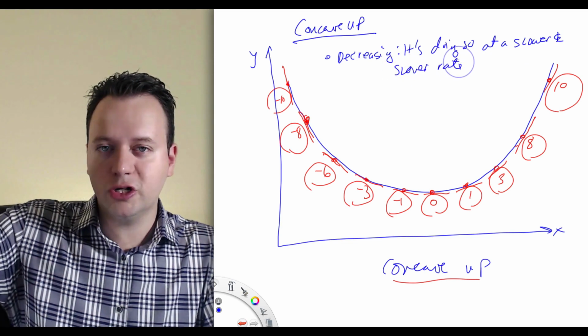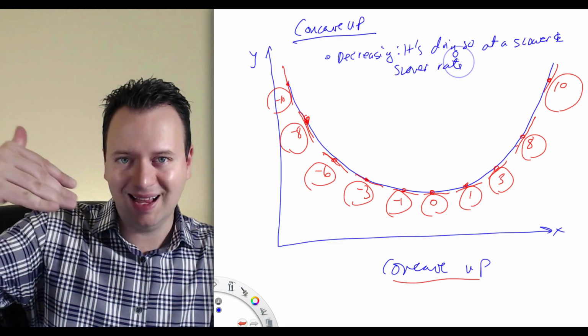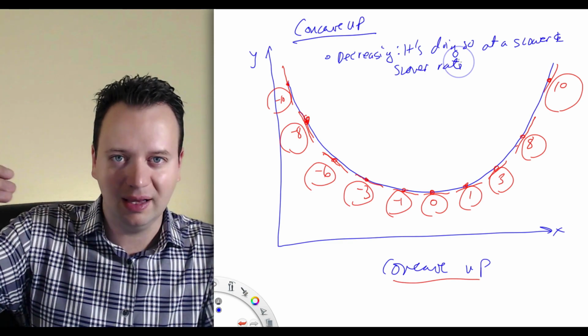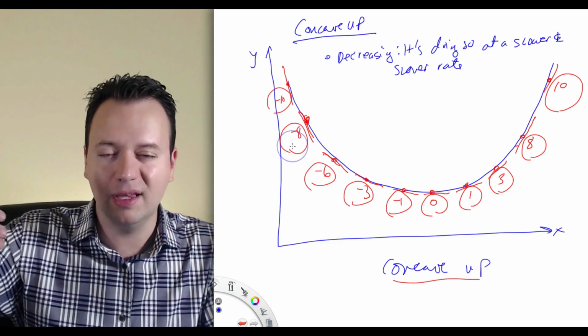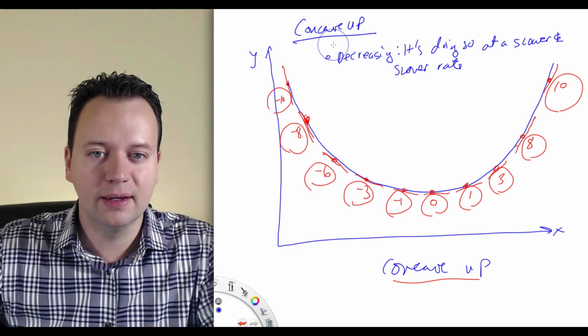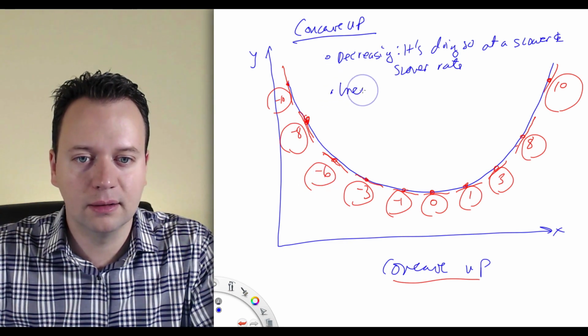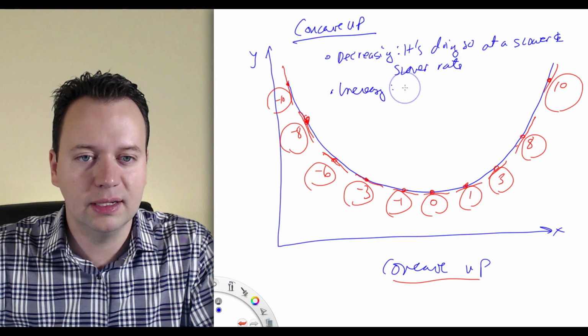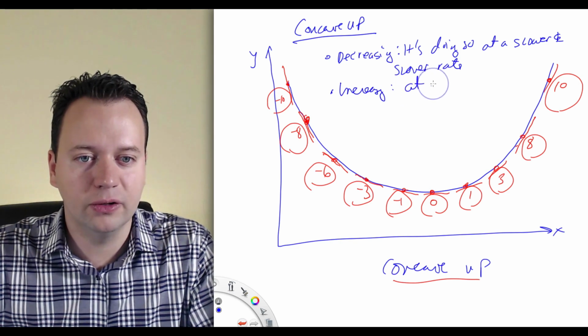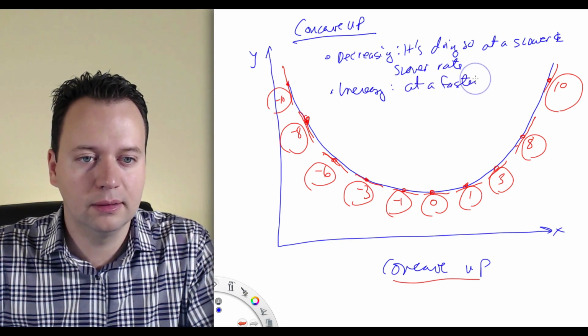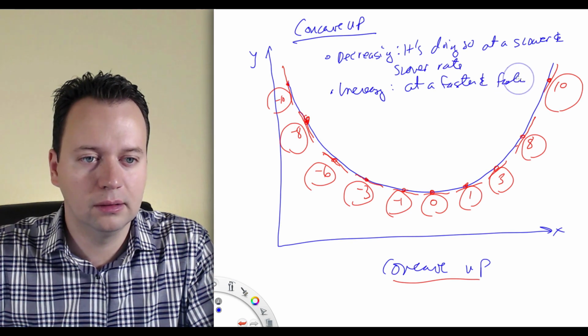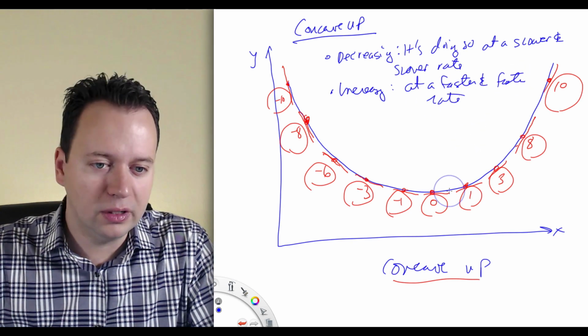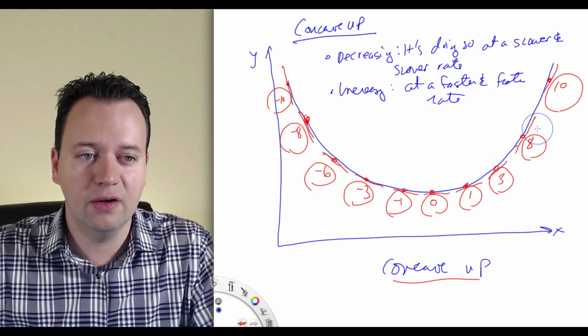Meaning those large negative downward slopes are becoming less negative. They're becoming less large. Negative 10 is going to negative 8, going to negative 6. If it's increasing, it increases at a faster and faster rate. Right? It's increasing at a rate of 1, then a rate of 3, then a rate of 8.